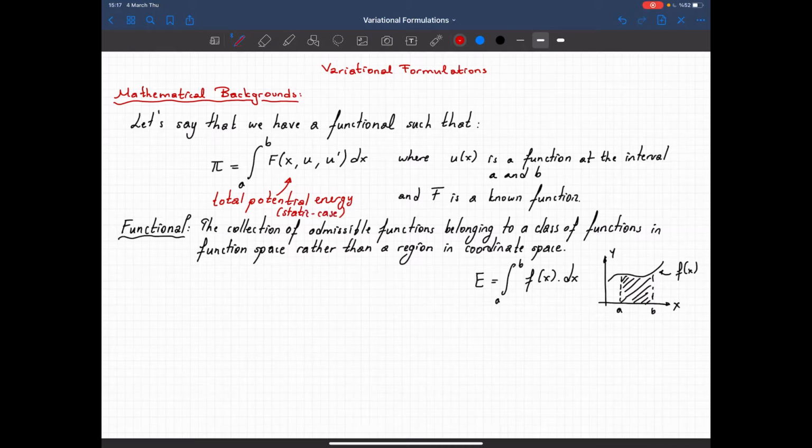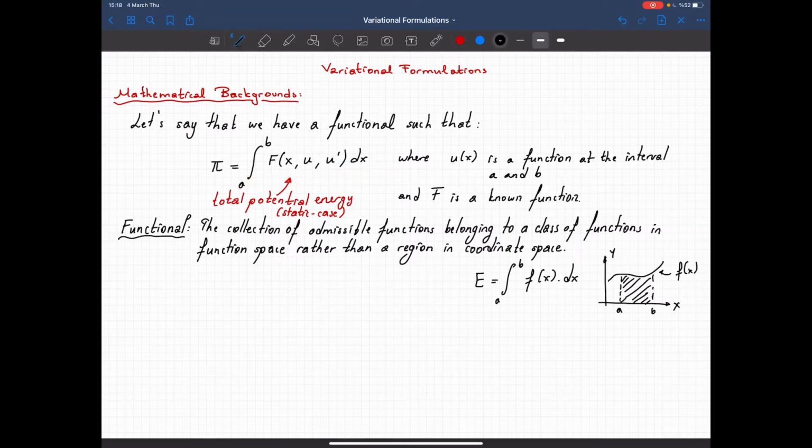When you think about bending deformation, the internal energy is an integral minus an external energy. In the internal energy expression, we have the second derivative of u, and in the external energy, we have the function of u itself. When you combine them, this matches the definition of a functional. Again, it is a collection of admissible functions belonging to a class of functions, so we have more than one function defined in this functional.